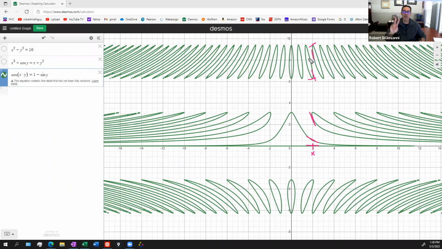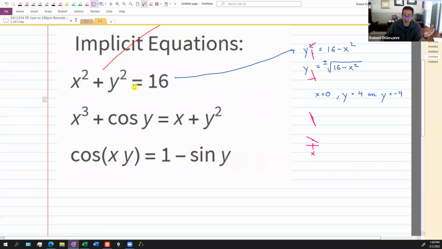So we have two challenges. First challenge is, how do you even take the derivative of an implicit equation? Because we're not solved for y. You've got y's and x's mixed together. How do we differentiate something like that?